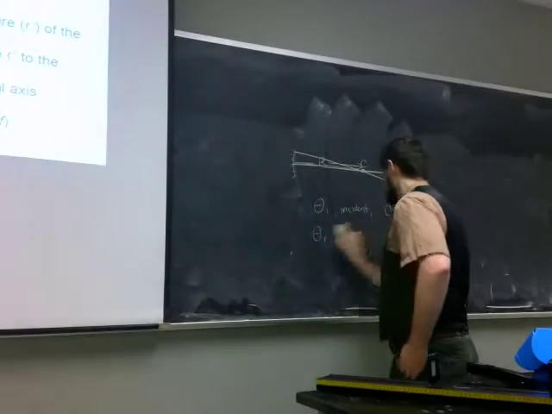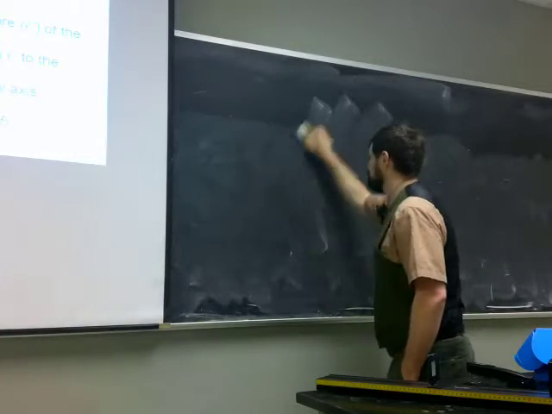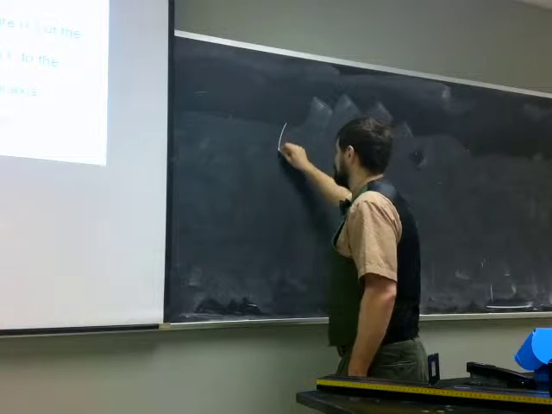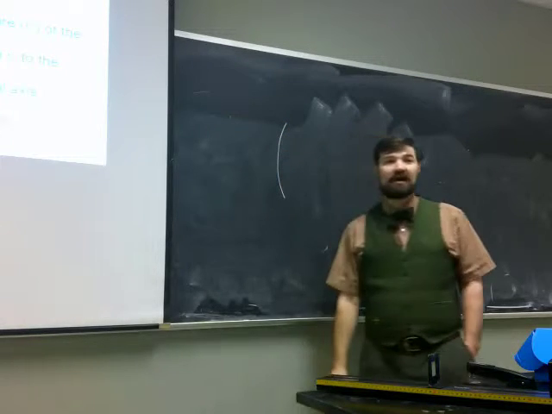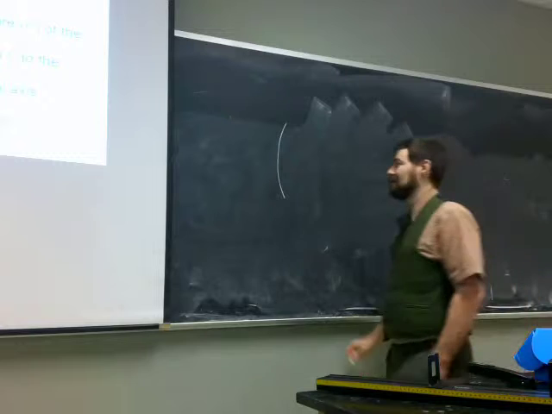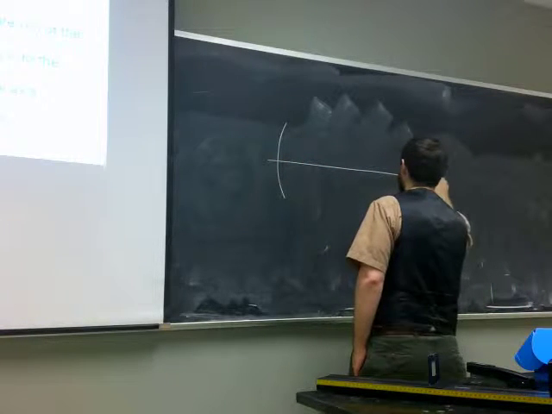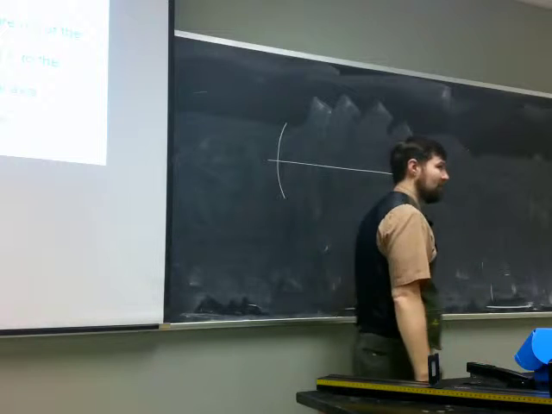Well, let's redraw our diagram so it's a little less cluttered. I'm going to draw the mirror a little bit bigger and slightly exaggerated. So here's my mirror. Here's my principal axis.